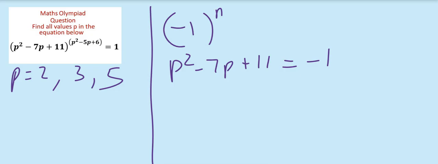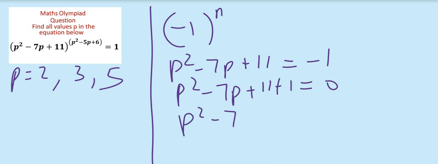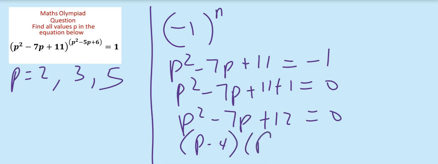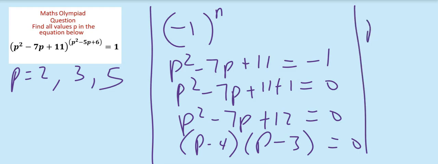That's the next step. So let's get the values of p here first and confirm if we are getting even power or not. P squared minus 7p plus 12 equals 0. This is p minus 4 and p minus 3 equals 0. Good. So I have two values of p, which are p is equal to 4 or 3.